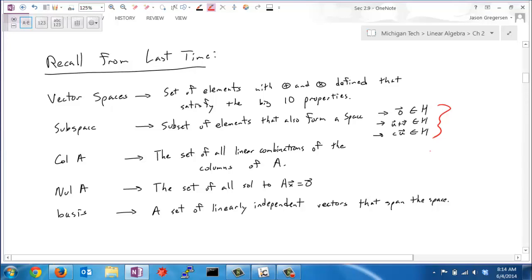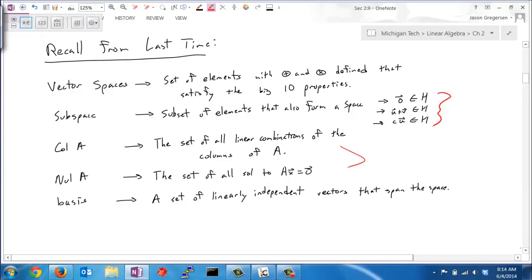Is it closed under scalar multiplication? And then we defined our column space and null space. We just practiced that in the warm-up. And the last thing we needed to get to was the idea of a basis. A basis is a set of linearly independent vectors that span a space. It's the building blocks of a space.